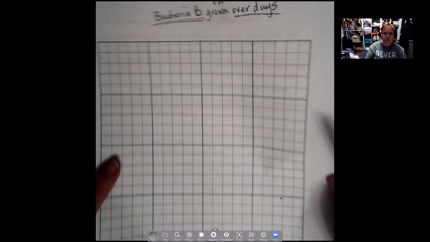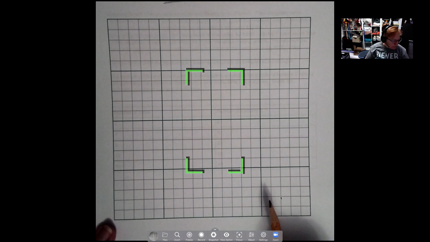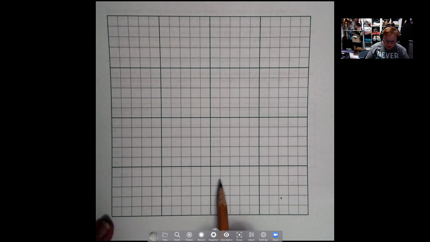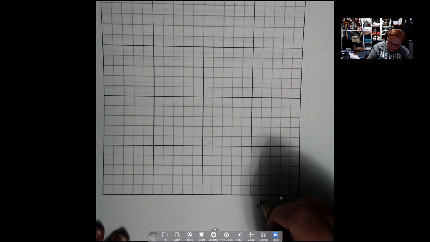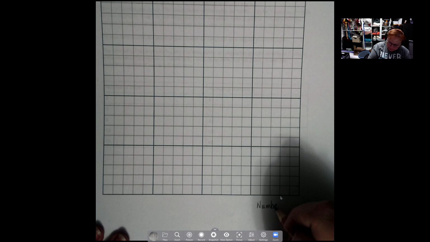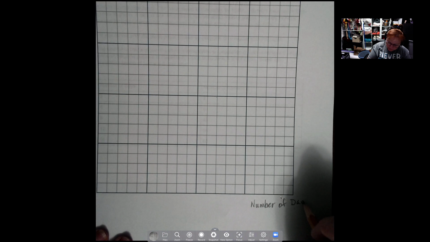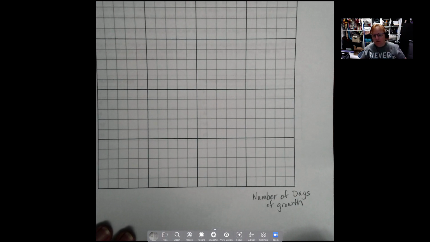Then I need to go through and label my axes, right? So here's my x-axis, and like we said, this is going to be the number of days. Okay?